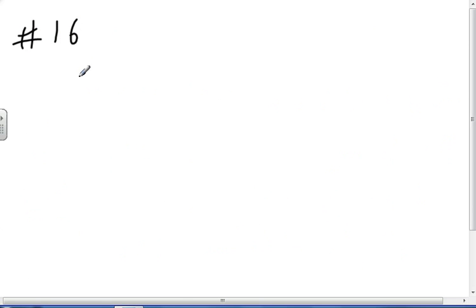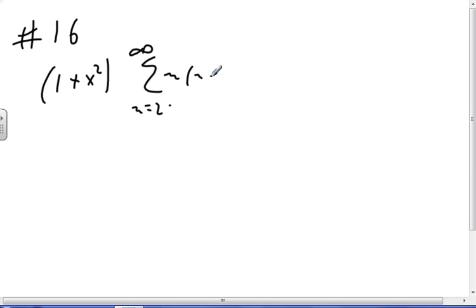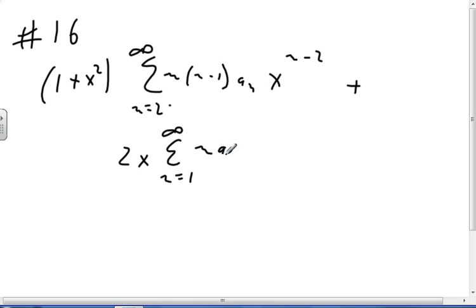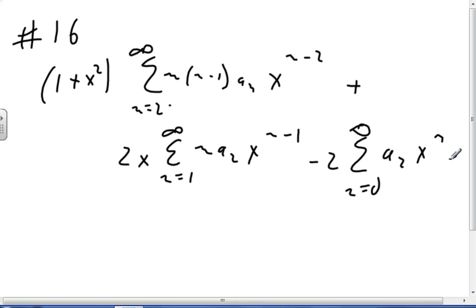Number 16: 1 plus x squared, summation n equals 2 to infinity, n minus 1, an x to the n minus 2, plus 2x summation n equals 1 to infinity, n an x to the n minus 1, minus 2 summation 0 to infinity, an x to the n is equal to 0.